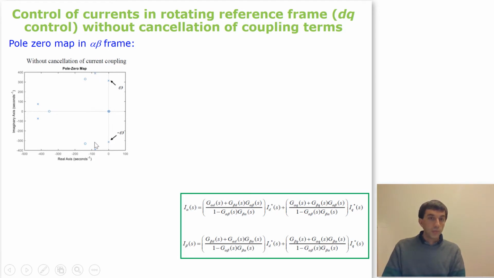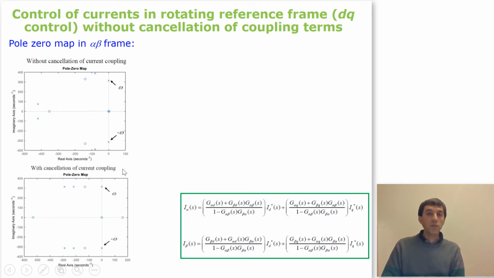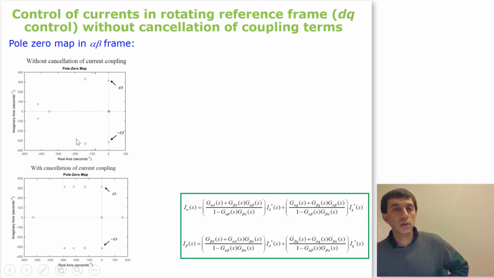Here we have the imaginary terms of these two poles are different from these ones, and also the real parts. And if we compare this with the previous obtained ones, this is without cancellation, and this is with cancellation, we can very remarkably see the difference.